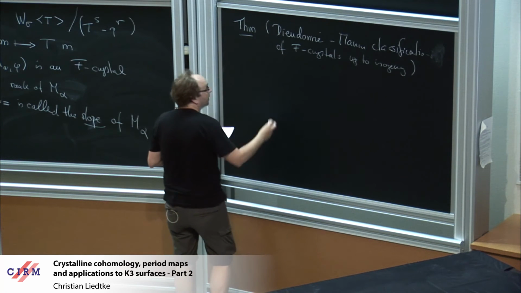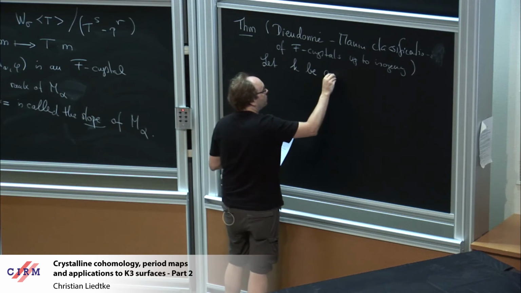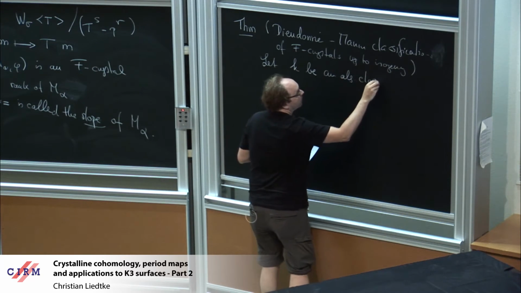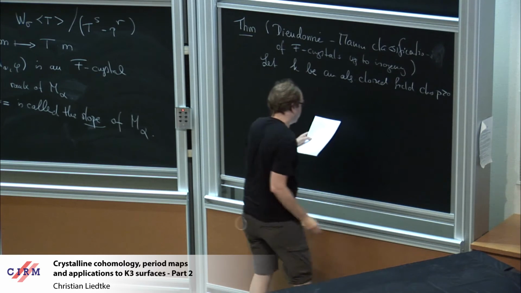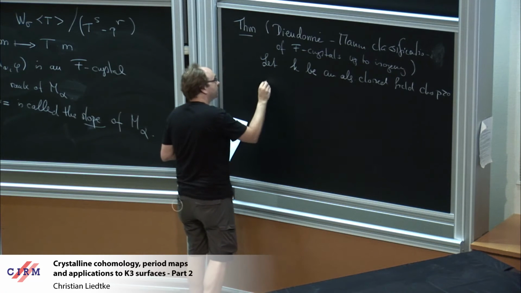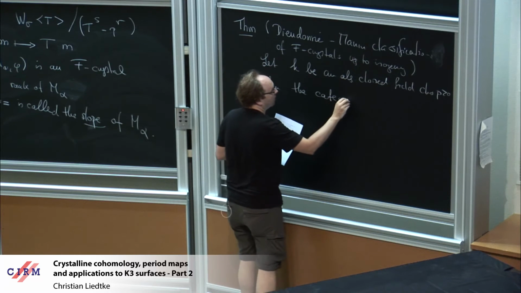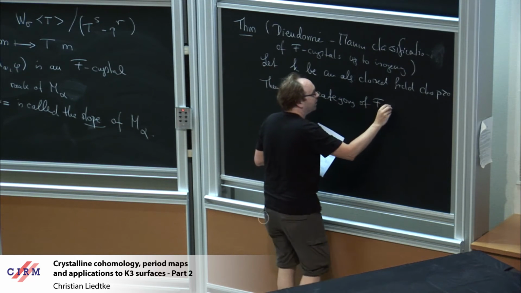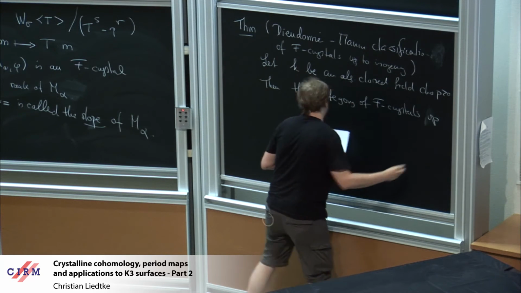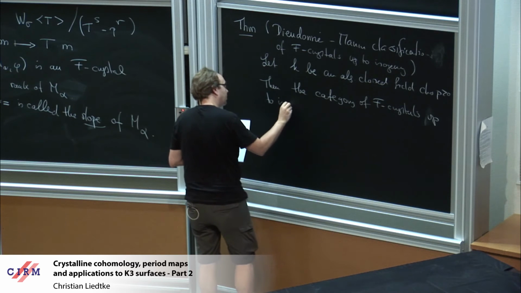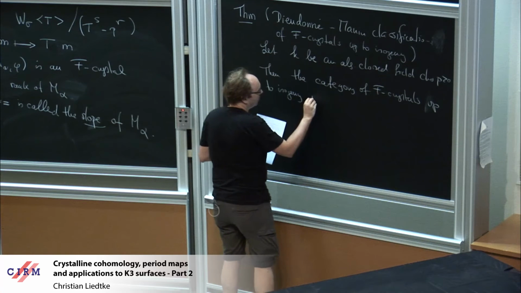It says that, let K now be an algebraically closed field of positive characteristic, then the category of F-crystals up to isogeny is semi-simple.